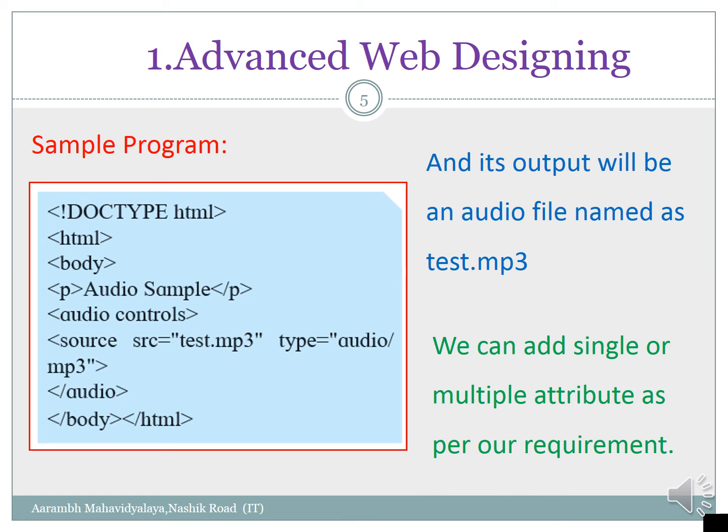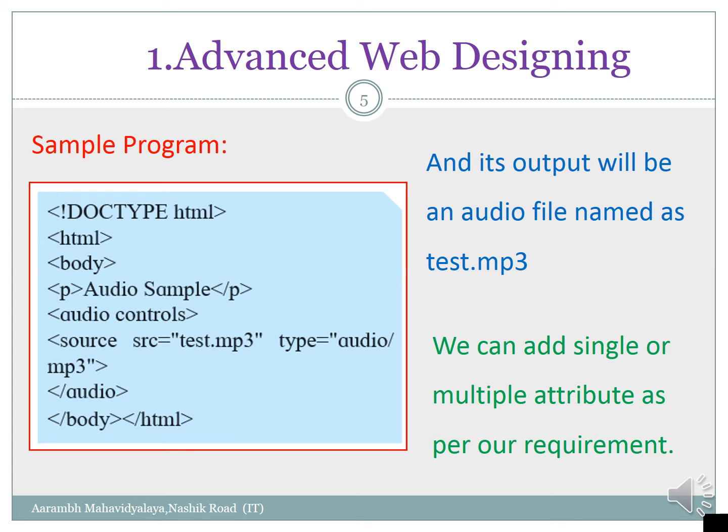Now see the sample program to insert an audio file on a web page. Here, as we are using HTML5, we have to specify exclamatory doctype html at the first line to indicate that the document type is HTML. The rest of the program is as usual as we saw last year.